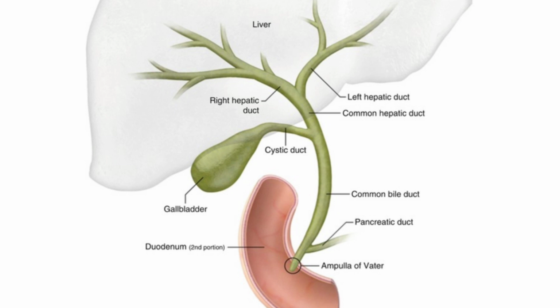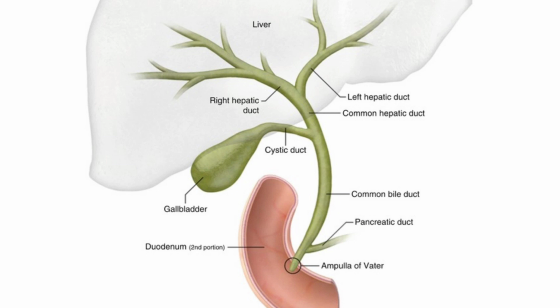Bile is secreted and enters the common hepatic duct through the right and left hepatic ducts. The cystic duct from the gallbladder and the common hepatic duct together form the common bile duct.